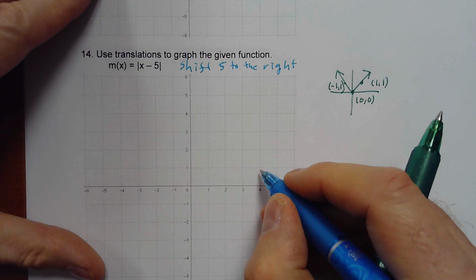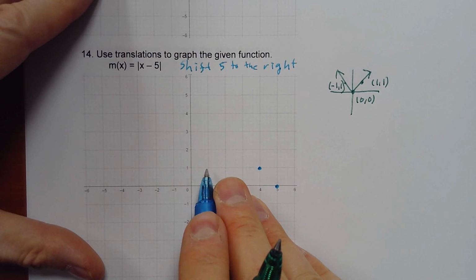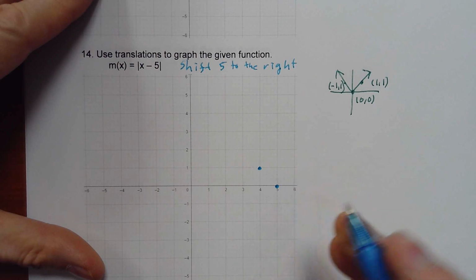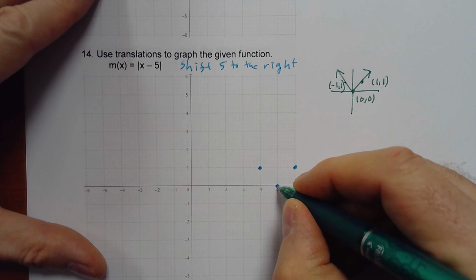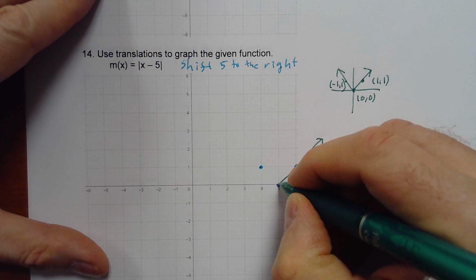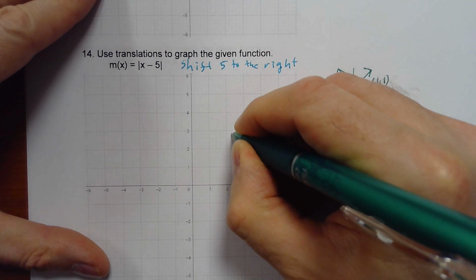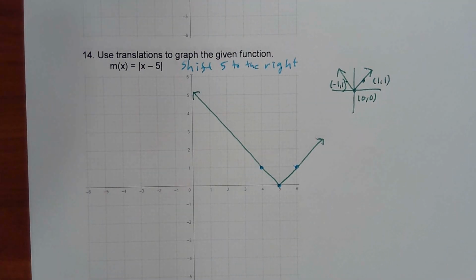It's going to go to 4, comma 1. 1, comma 1, shifted 5 units to the right, becomes 6, comma 1. And then we're just going to draw in our V-shaped function, absolute value. And that would be our graph.